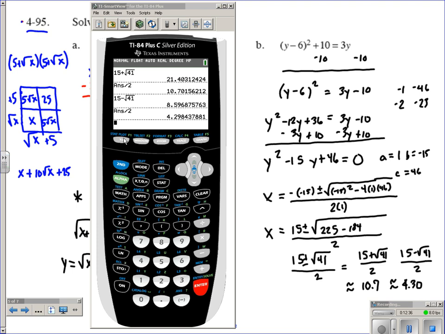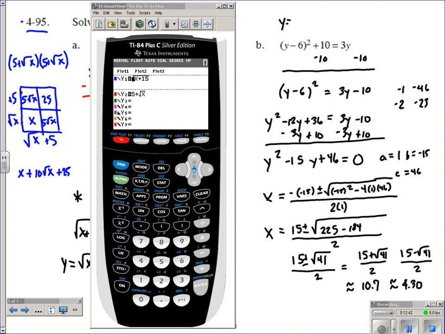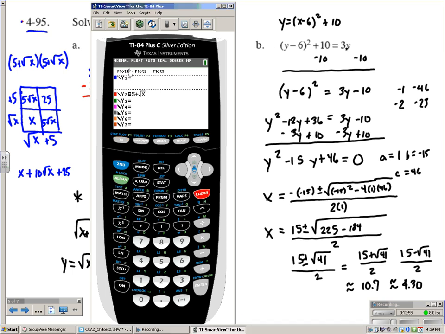Let's check our answers by doing the same thing we did on the other problem. Let's plug in y equals the quantity y minus 6 squared plus 10. Notice when I put it in the calculator, I have to change the variable to an x, because the calculator only reads the input as x, the way it's set up.